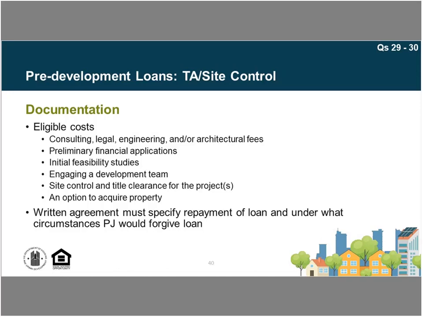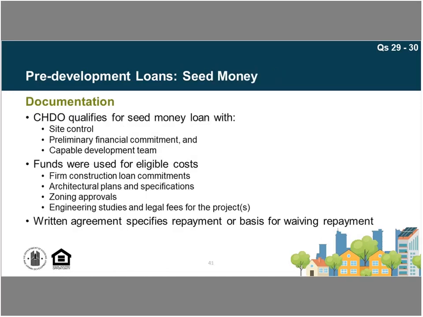And we're going to be talking in the next session on Thursday specifically about written agreements, so the documentation that we would expect to have in place. Well, generally our written agreement is going to call out what was the planned use of the pre-development funding.